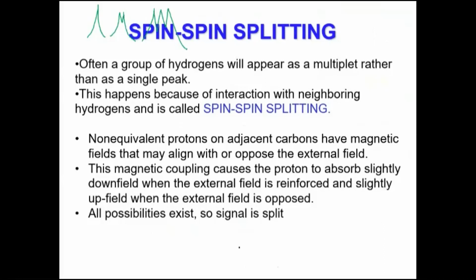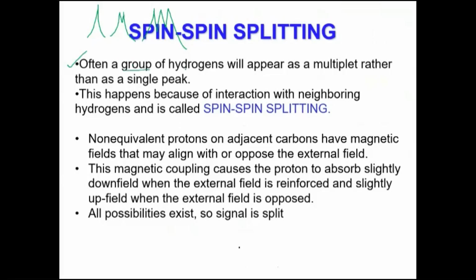A single signal is split into several peaks. This splitting is observed because of the spin of the protons which are adjacent to the proton giving the signal. That's why it is called spin-spin splitting. So I will go through the points and I will explain them one by one.